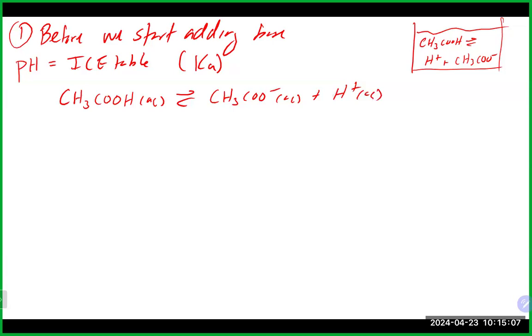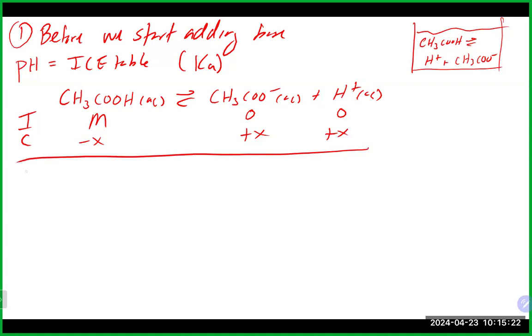This ice table you can do with molarity, since you have not added any volume or anything like that. And this would be a normal Ka type ice table with some zeros, some X's. Our initial, minus X, X, and X, like normal, right?